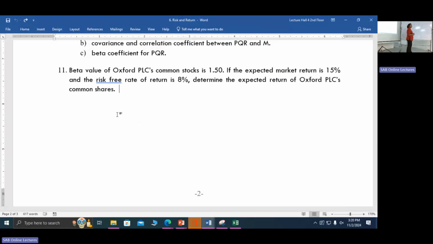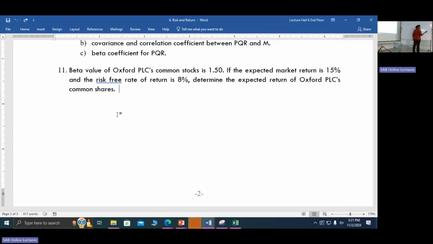How much is the market risk premium here? The market risk premium is the difference between the market return and the risk-free rate. It is the premium given in the market for systematic risk.